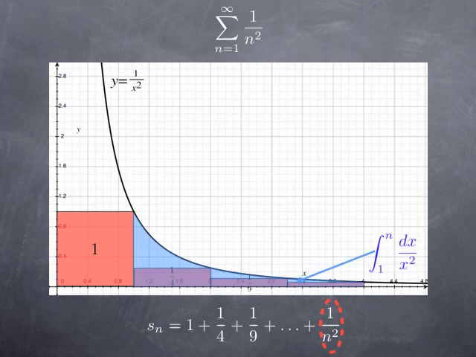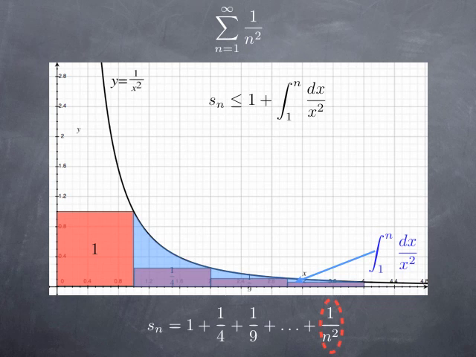And therefore, it is the integral of 1 over x squared from 1 to n. That means that the red area is less than or equal to 1, which is the area of the first square that we left out, plus the integral from 1 to n of 1 over x squared.